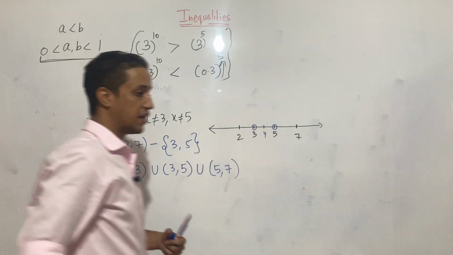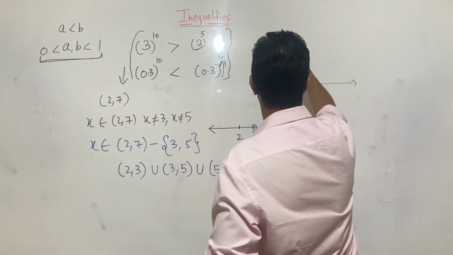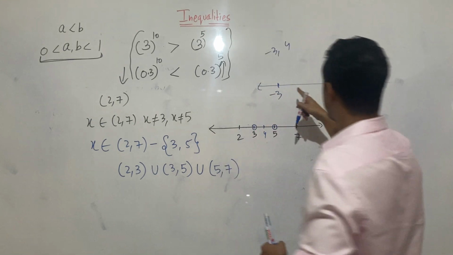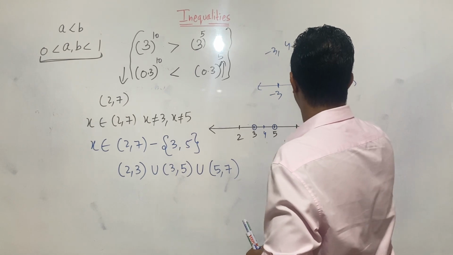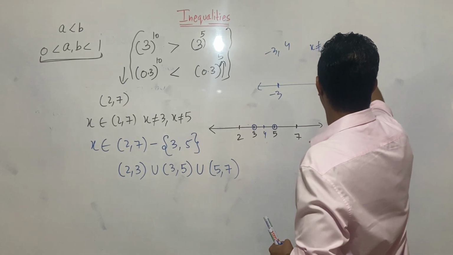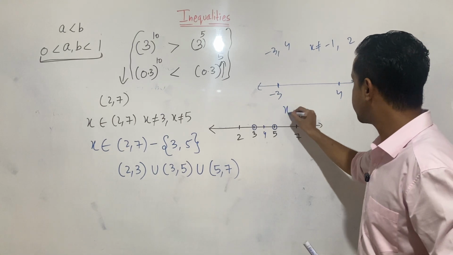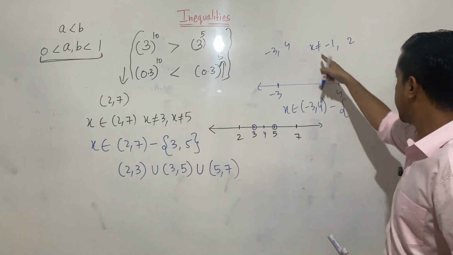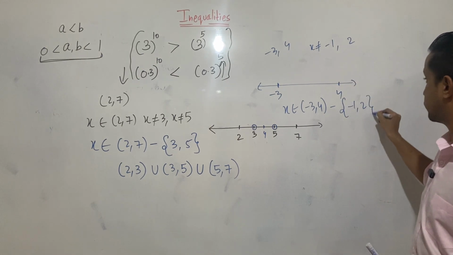So remember that, let's say this is my number line. Here the interval is from minus 3 to 4, and you don't have to take two values. Those values are minus 1 and 2. Then how are you going to represent it? Then you can say x belongs to open interval minus 3 to 4 minus, and in this set form you can mention {minus 1, 2}.